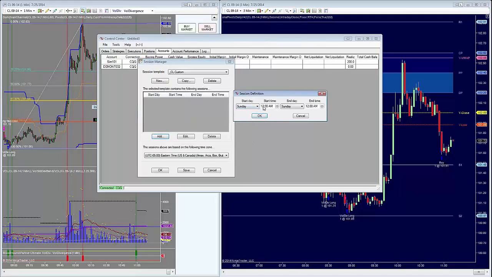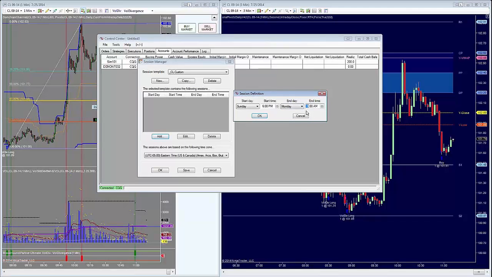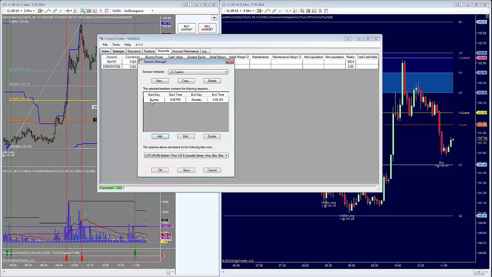I'm going to set this to Sunday because it opens at 6 p.m. Sunday night. That's the start of the electronically traded session, and then the start of the actual regular trading hours is 9 a.m. Monday. So that's starting Sunday, 6 p.m. at night to Monday, 9 a.m.